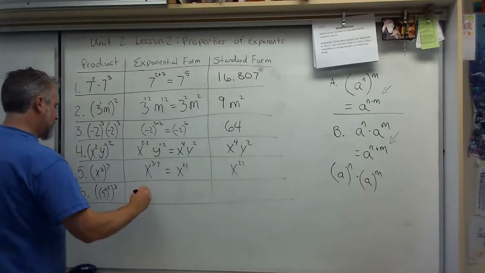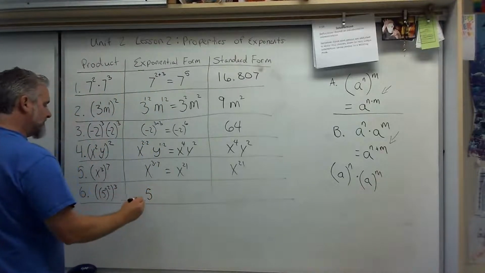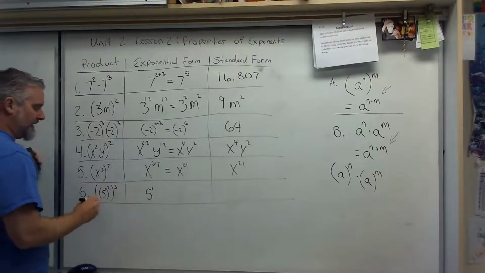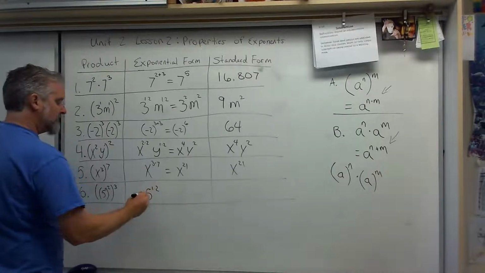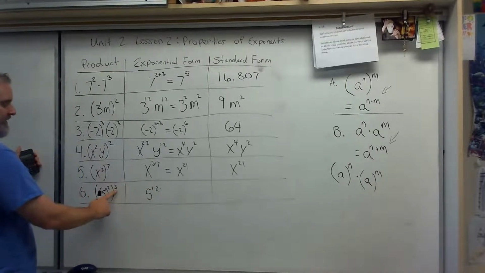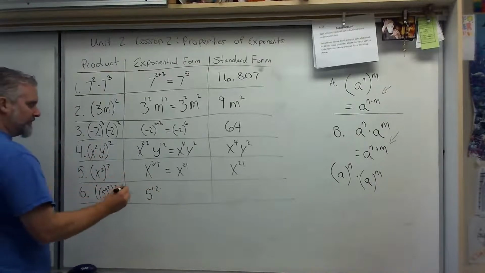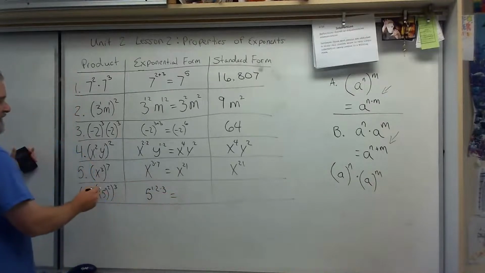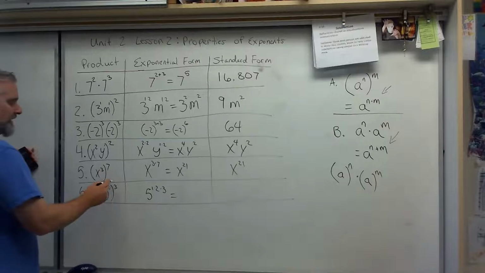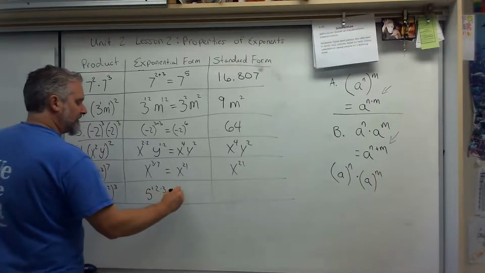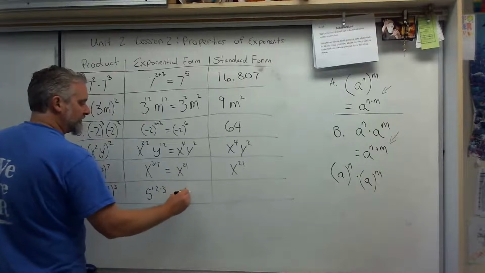So we're going to take 5 to the first power times it by the outside exponent, which is 2. And then we're going to multiply that times the outside exponent of that set of parentheses, which is 3. So we're going to have 1 times 2 times 3. 1 times 2 is 2. 2 times 3 is 6. 5 to the 6th power.